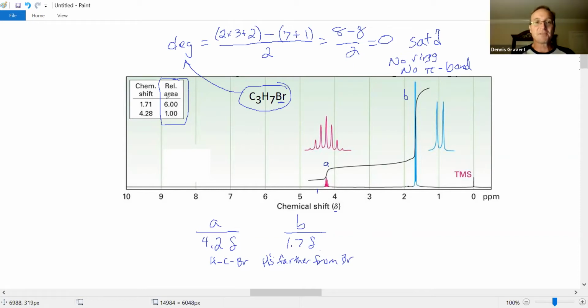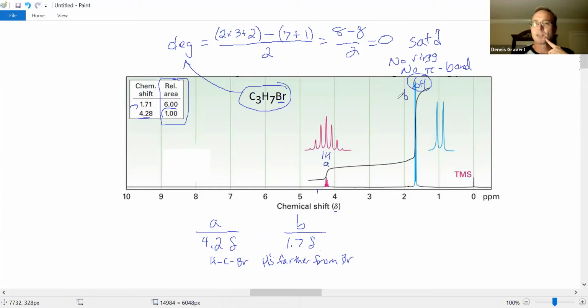So relative area of 6 for the peak at 1.71, well, that wasn't far off. This one's 1.71, that's peak B, and there are 6 H's here. Sometimes on your NMR data, I will just write 6H above the peak. On the peak at 4.28, there's 1 hydrogen producing this peak.